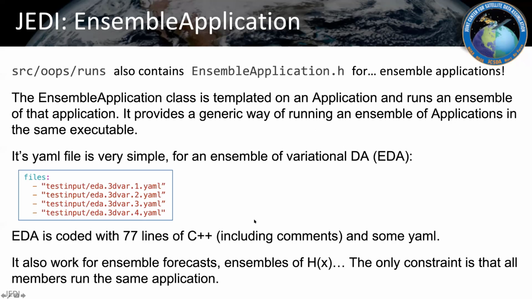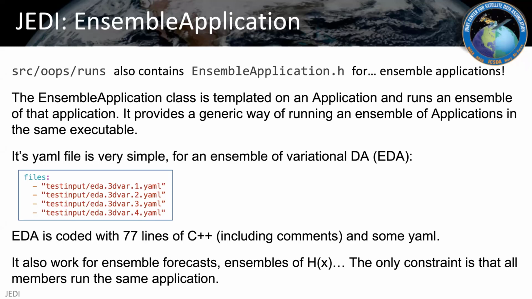Just a few words about ensemble applications. So this source OOPS runs also contains this application that's called ensemble application. That's for running ensemble applications, as the name says. So ensemble application is a very simple class. It's templated on an application. You've heard about templates earlier today.